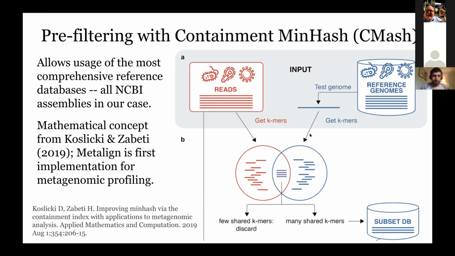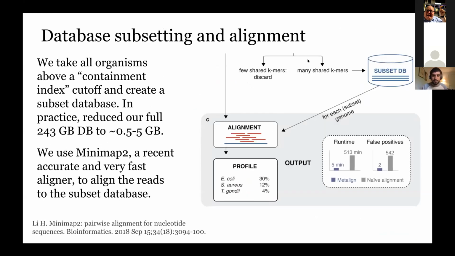So again, we test each genome, and CMash calculates a containment index, a 0 to 1 percentage of K-mers from the genome that are in the reads. We take all organisms above a certain containment index cutoff and create a subset database of those organisms.